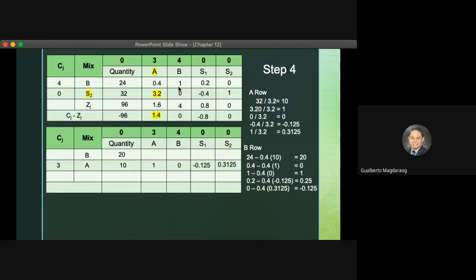And then 1 minus 0 equals 1. Okay? 0.2 minus 0.4 times 0.0125 equals 0.25. And then negative 0.125 dun sa last column, S2. Then copy paste the contribution margin of B. That is 4.